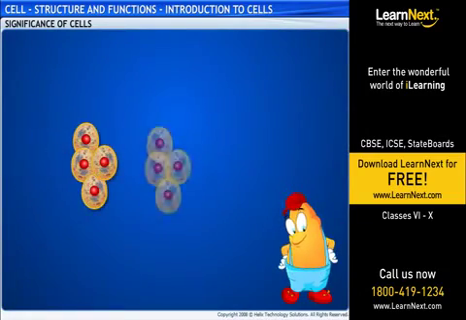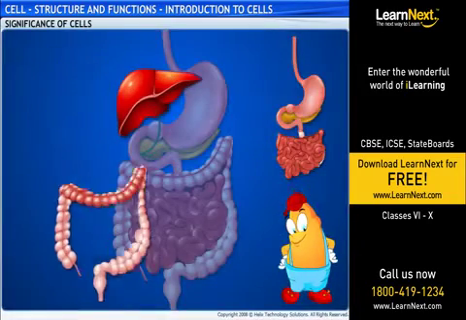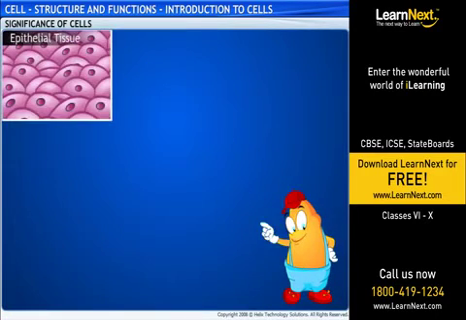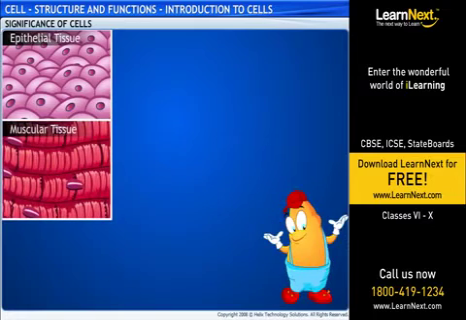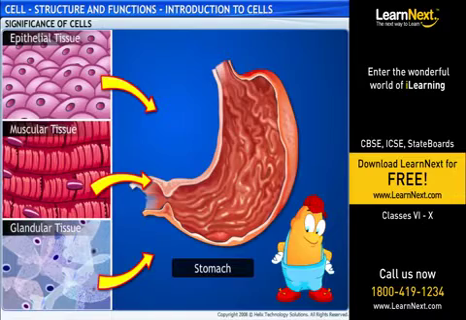Similar kinds of cells together form tissues. Tissues aggregate to form organs. Organs aggregate to form an organ system. For example, epithelia, muscular, and glandular are some of the tissues that form the stomach, which is an organ.